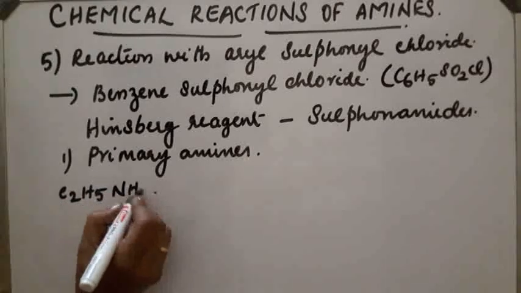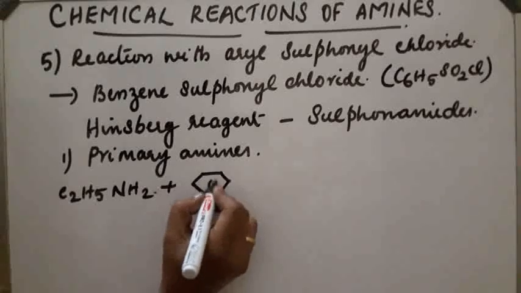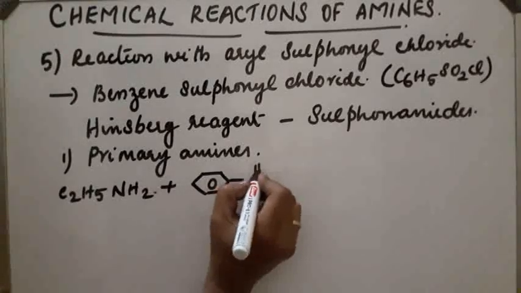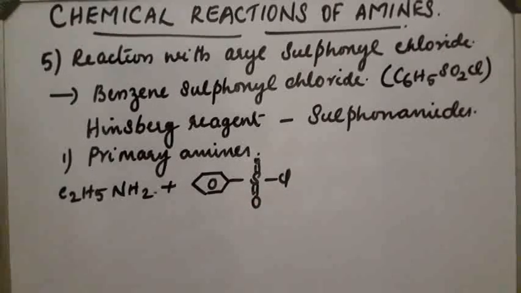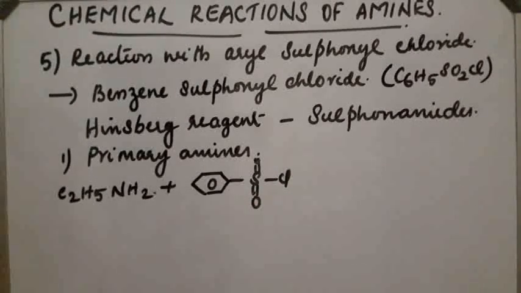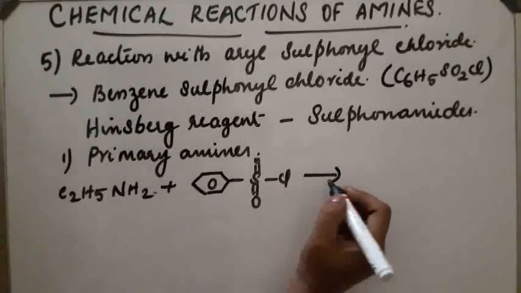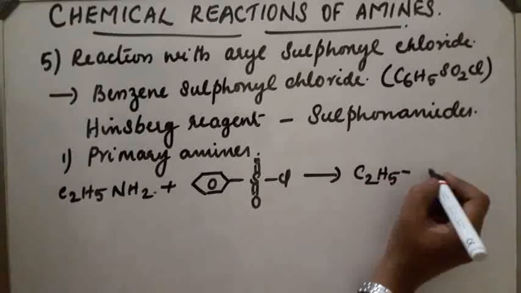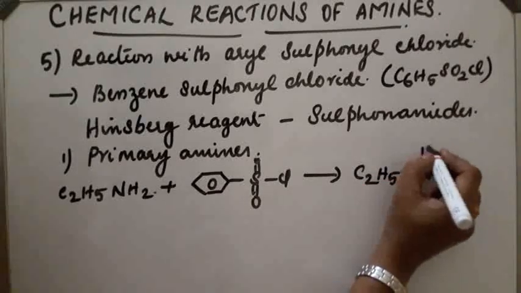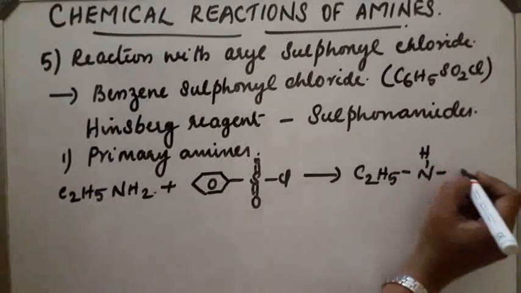C2H5NH2 on reaction with benzene sulphonyl chloride, C6H5SO2Cl. The reaction takes place and the product will be C2H5NH, where one hydrogen atom is replaced by SO2C6H5.